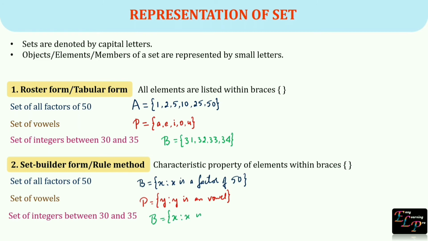X is an integer between 30 and 35. So in roster form, we are going to list all the elements. In set builder form, we are going to write the property of elements.